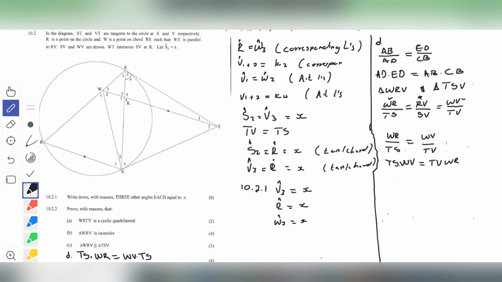Then we go to check again. Is the thing that I was requested to prove similar to what I wrote? TS and WV. Oh, here it is. We have it. What about TV and WR? But we don't have TV, right? So how am I going to replace this TV?